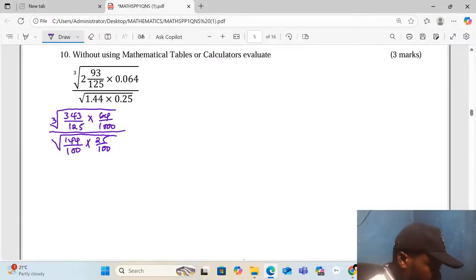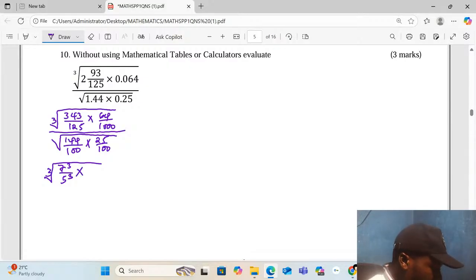Now we are still going to find the cube root. 343 is the same as 7 power 3, divided by 125, which is the same as 5 power 3. We are trying to convert it to the same power.